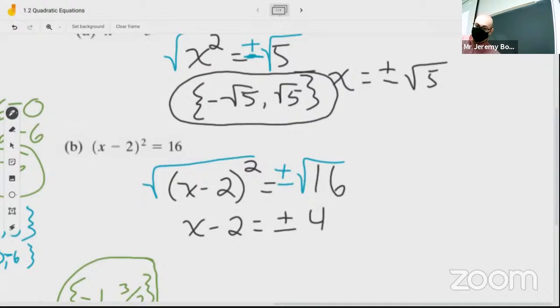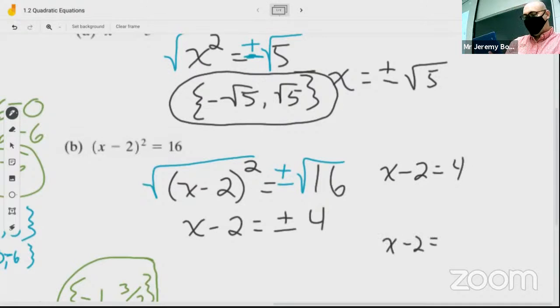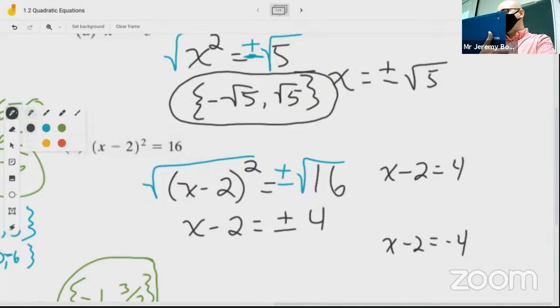Are we done? No, what we end up with is two linear equations. We end up with x minus 2 could be equal to positive 4, or, right here, x minus 2 could equal negative 4. And then we solve both of those.